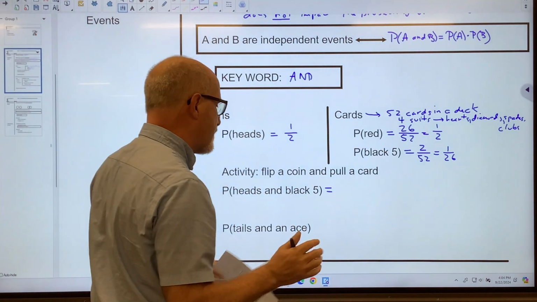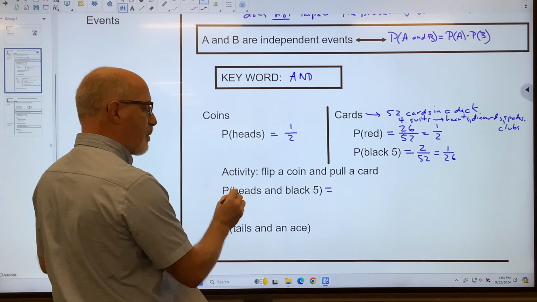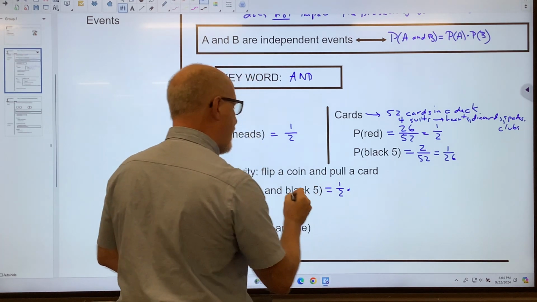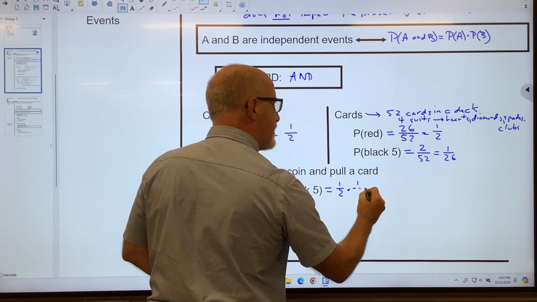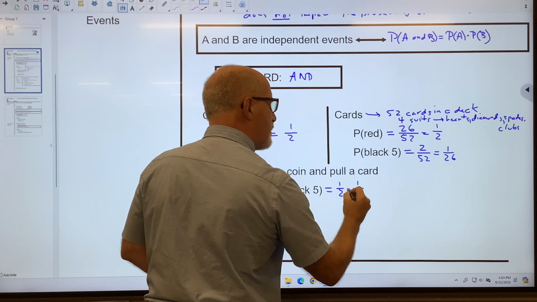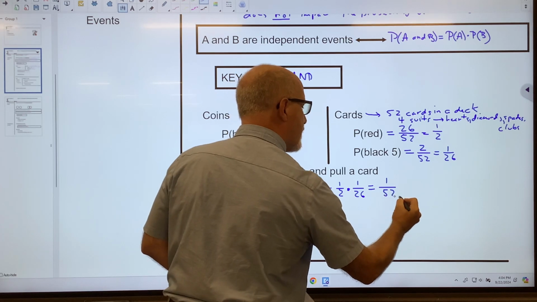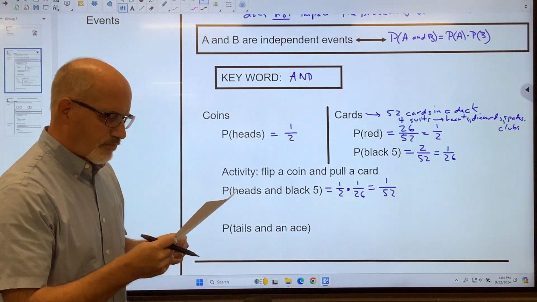They don't influence the probability of each other. So the probability of a heads is 1/2. The probability of a black 5 is 1 out of 26, and we multiply the two probabilities and we get 1 out of 52 for our fraction.